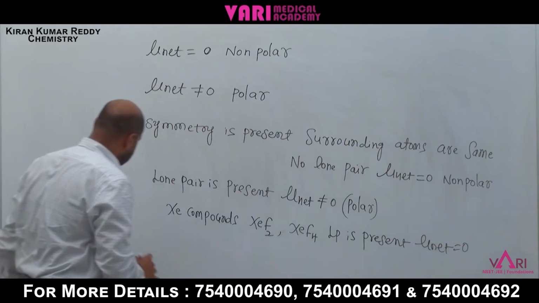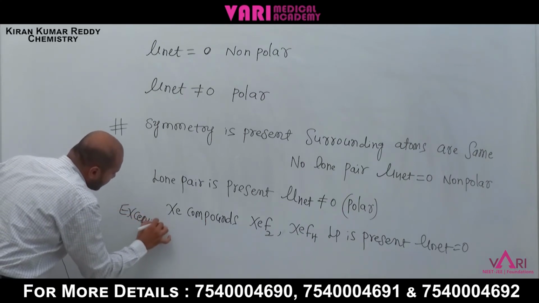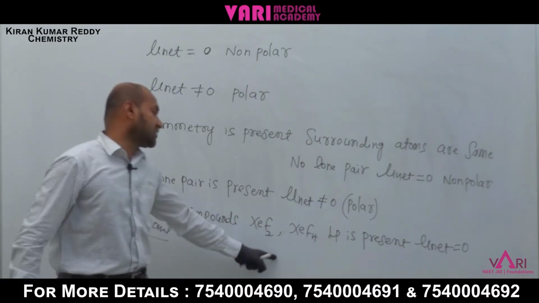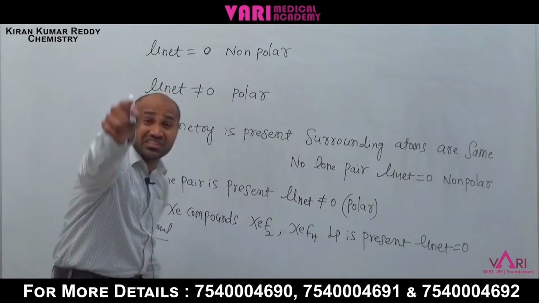This is the exception. Please write down the exception. Which one is the exception? Xenon compounds. XeF2, XeF4: lone pair is present, but mu net is equal to 0.